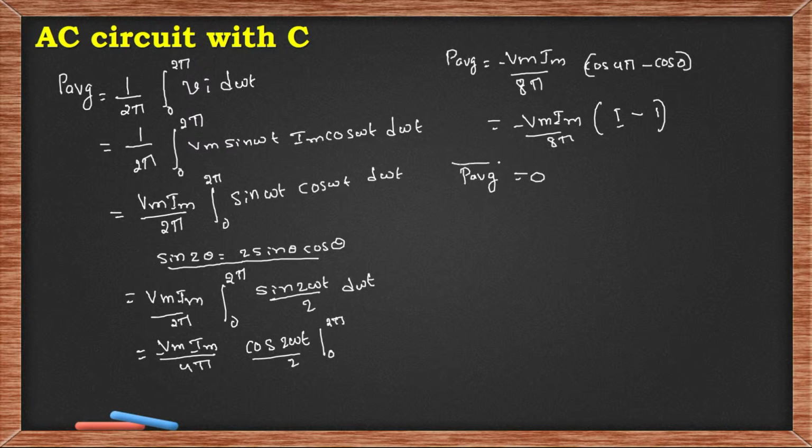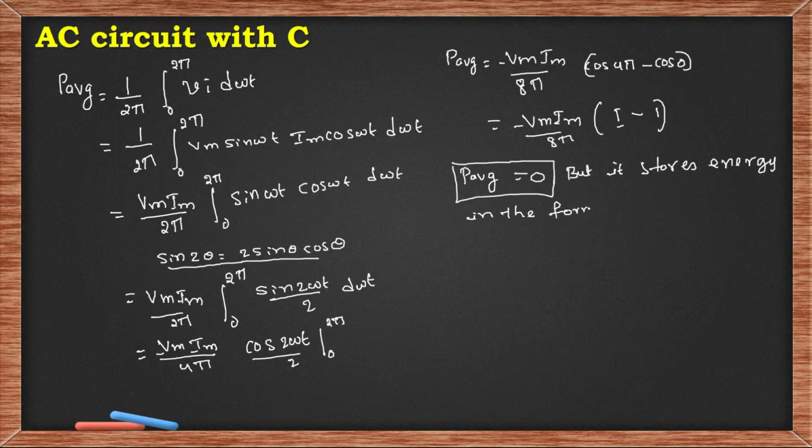The meaning of average power equal to 0 is that the pure capacitor does not consume any power, but it stores energy in the form of electrostatic energy.